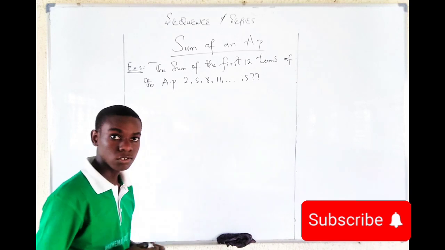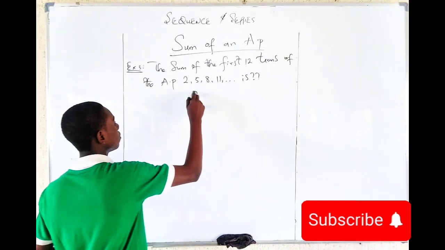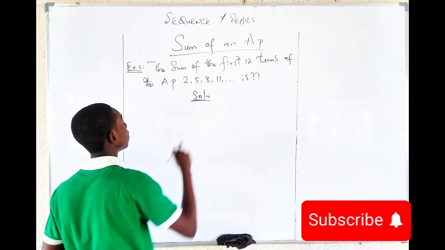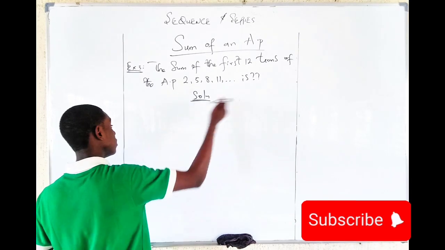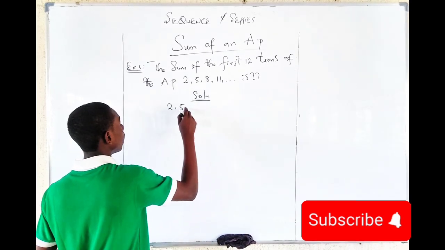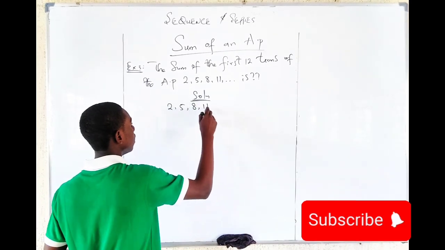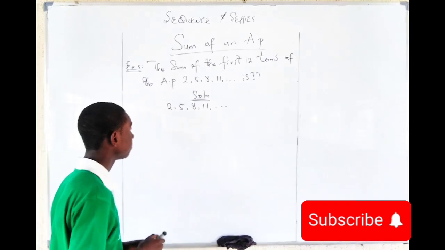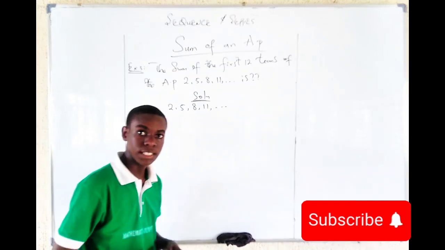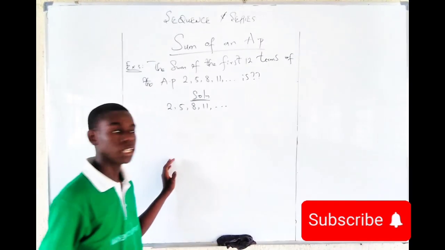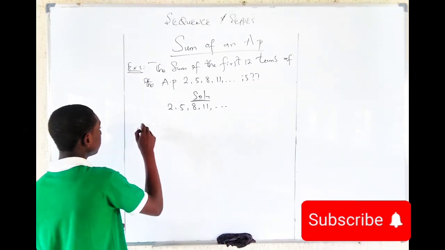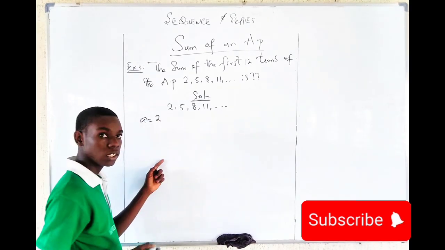To solve it, we write the series 2, 5, 8, 11 and so on. First of all, we write out all our data. Don't forget that our first term is 2, which is A.